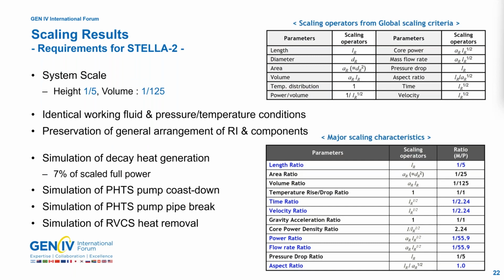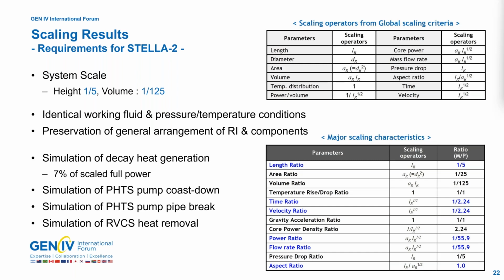The result of scaling is the requirement for the facility. Considering the most important factor of cost, the height scale was decided to be 1:5, and eventually the volume scale is 1:125. The sodium will be used as in the reactor, and pressure and temperature conditions will be kept the same. The general arrangement of reactor internals and components was kept the same.